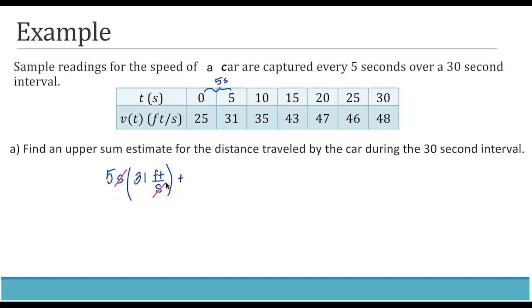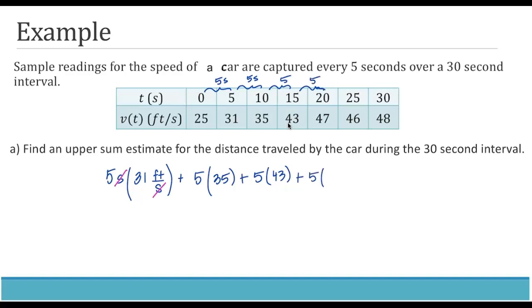So the next rectangle will extend from 5 to 10 seconds. Well, that's still 5 seconds total. So we're going to have 5 times, well, between 31 and 35, the two possible heights or outputs, 35 is the biggest. So 5 times 35 plus the next width is 5 times a height of 43. Between 35 and 43, 43 is bigger. Plus between 15 and 20, that's 5 seconds.